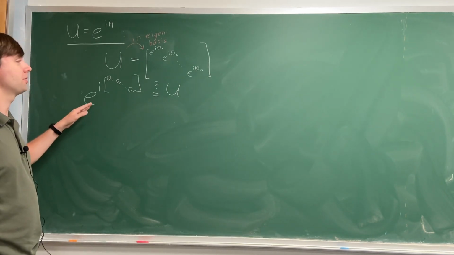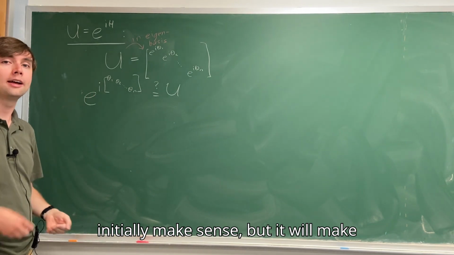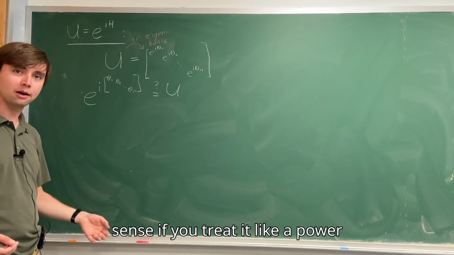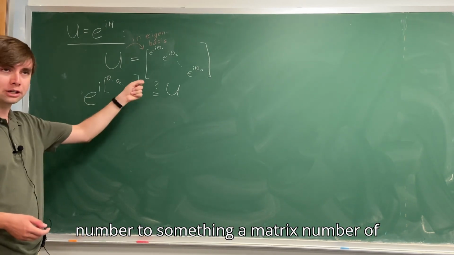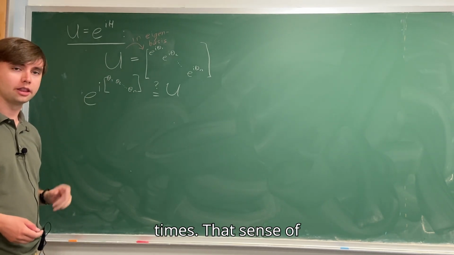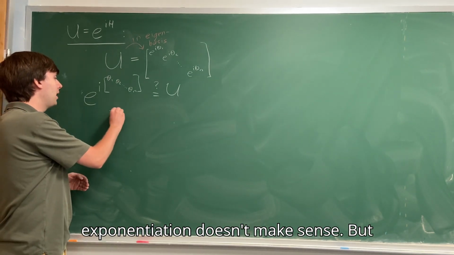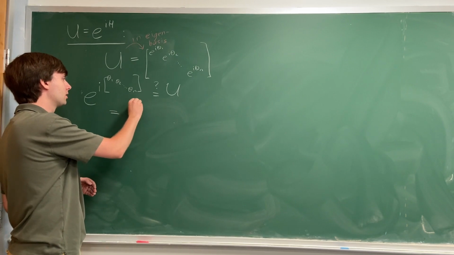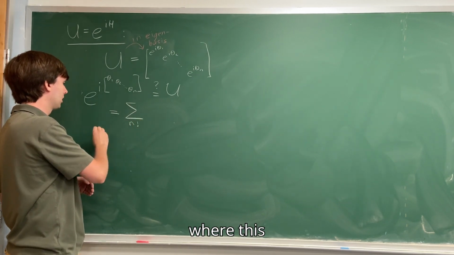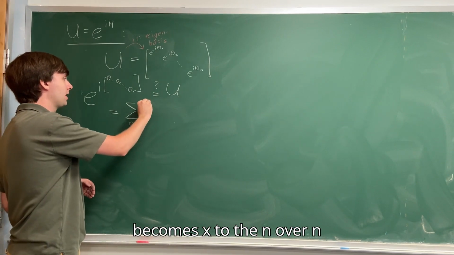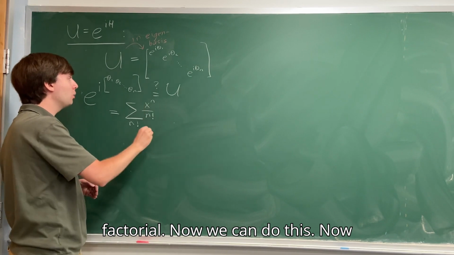Now, e to some exponent like this doesn't initially make sense, but it will make sense if you treat it like a power series. You can't really raise a number to something a matrix number of times. That sense of exponentiation doesn't make sense. But if we do the power series, where this becomes x to the n over n factorial, now we can do this.